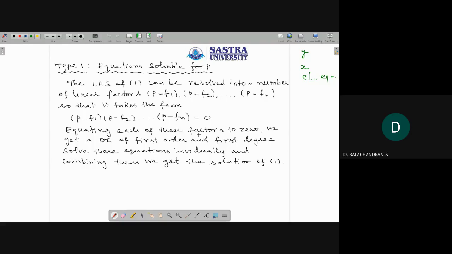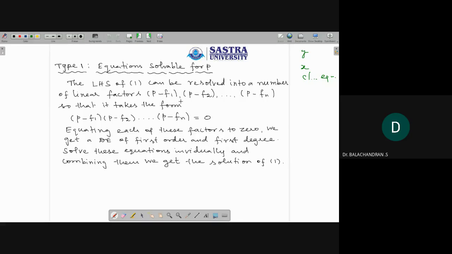Equating each of these factors to 0, we get a differential equation of the first order and first degree. Solve each equation individually and combine them, and we get the solution of equation 1.